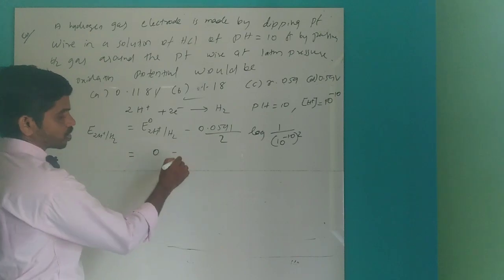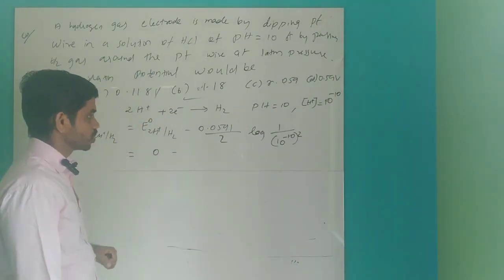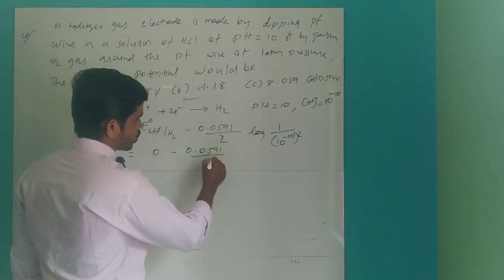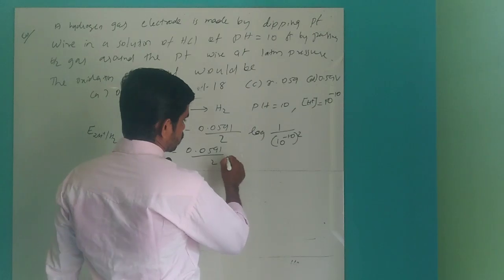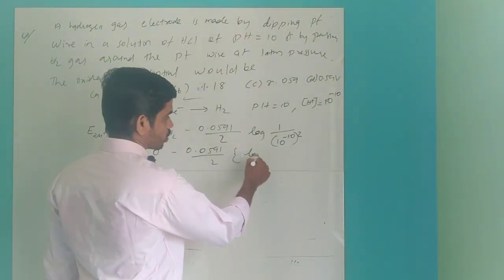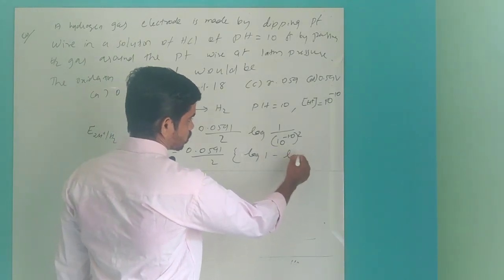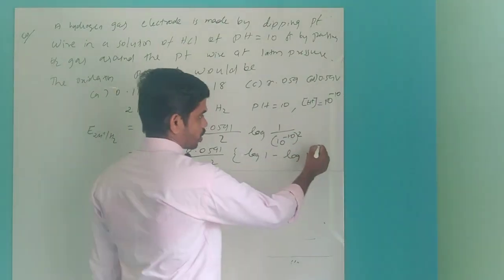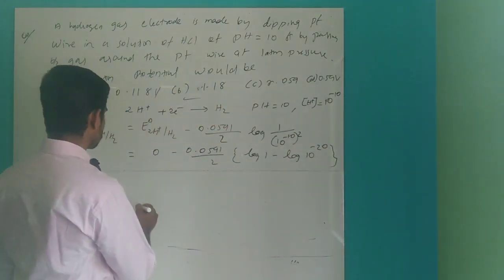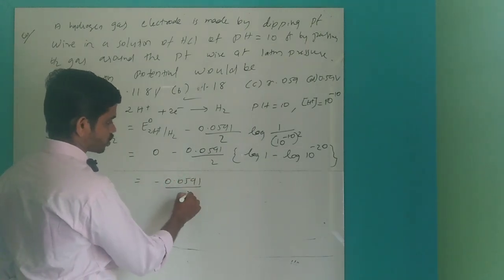The standard EMF of the hydrogen electrode is 0, so that gives 0 minus 0.0591 by 2, log 1 minus log 10 power minus 20, which is equal to minus 0.0591 by 2.